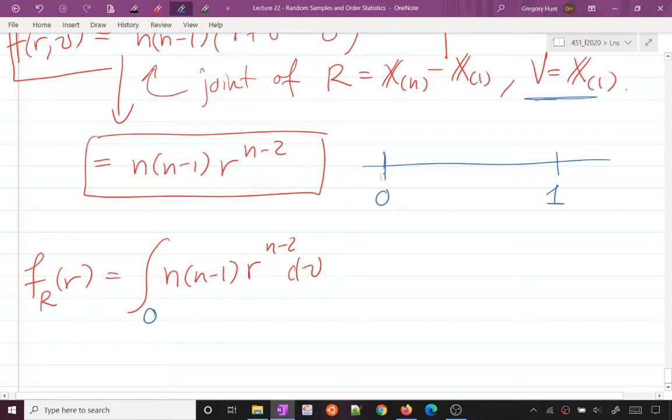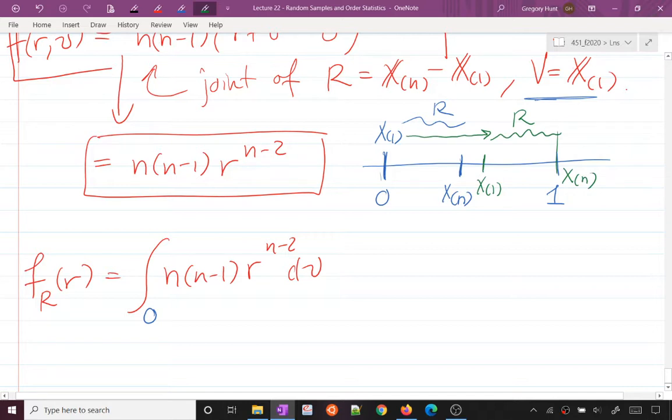And so it could be that my minimum is here, and then my maximum, or sorry, my range, if my range is some value r, that would be my maximum over here. So that's one limit. Now, how big could x of 1 be? I could push x of 1 up to a certain extent, but I can't push it past a certain point, because if I push x of 1 to be here, then I know my range is r, and so my maximum could end up at most over at 1.